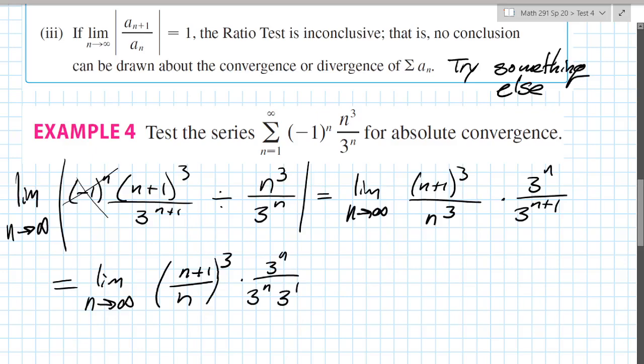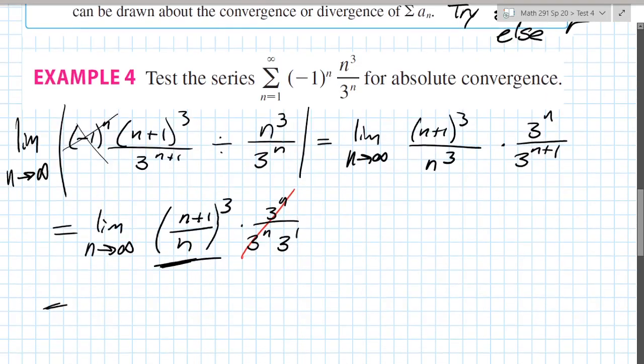Okay, so this cancels, and now the only place that we have n's is right here. And if we want, we could rewrite this in the following form. Notice we've got a common denominator of n there, so we can split up the fraction and write 1 plus 1 over n cubed times 1 over 3.